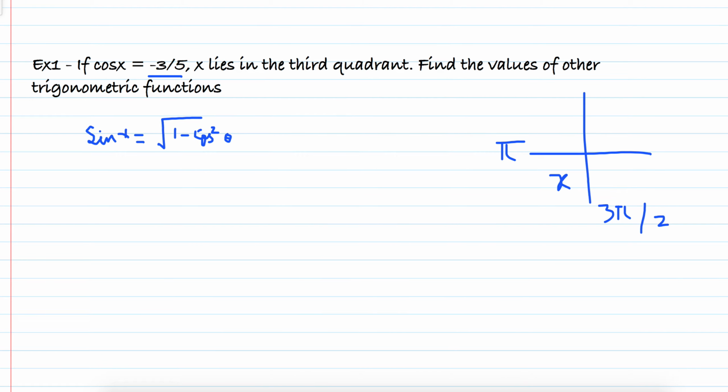So 1 minus 9 upon 25, which gives the square root of 16 upon 25, which equals plus minus 4 upon 5, because the square root of any quantity is both plus and minus.